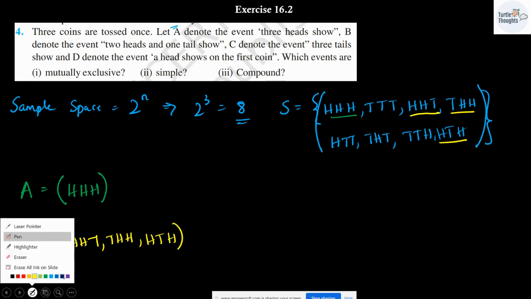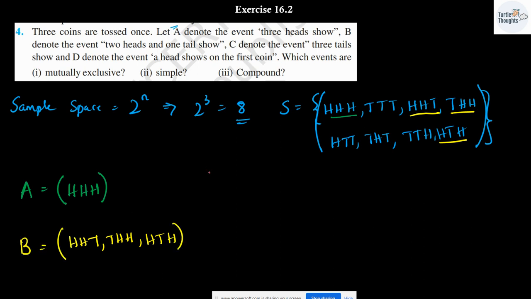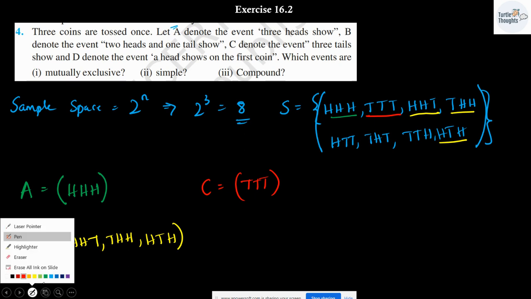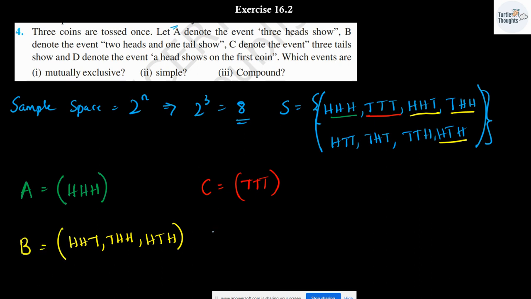Next, let me consider event C. Event C is three tails show. Tail, tail, tail. Only one element. Next, D: a head shows on the first coin. On the first coin, it should be head.